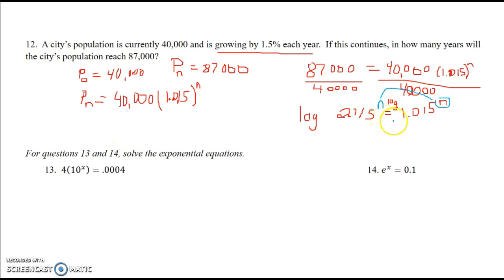So really what I have is log of 2.175 is equal to n times log of 1.015.